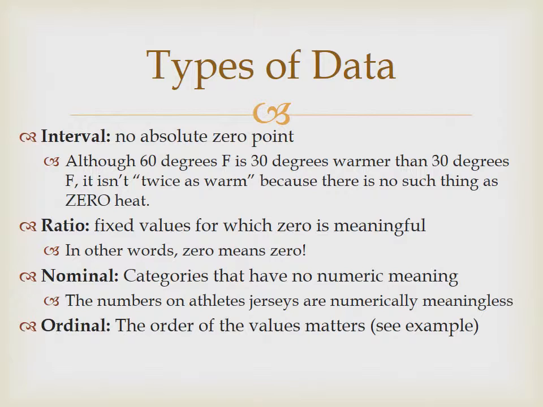And that is because in the case of temperature, 0 does not mean there is an absence of heat. 0 just happens to be the number we've assigned to that temperature, but it does not mean there is 0 heat. And so we would say there's no absolute 0 point when it comes to temperature.